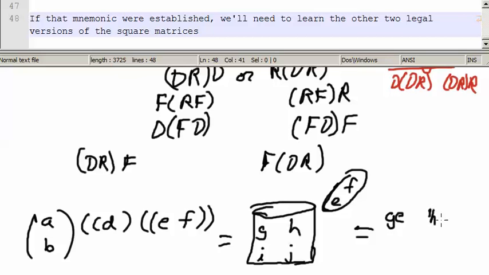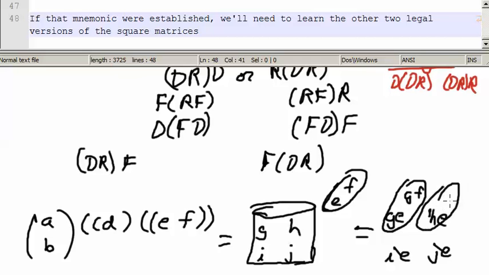HE, IE, JE, and then I guess maybe I should write it like this. GF, HF, IF, JF.